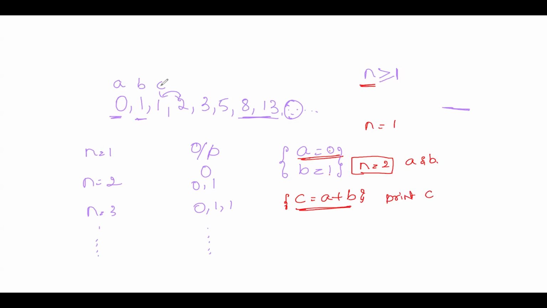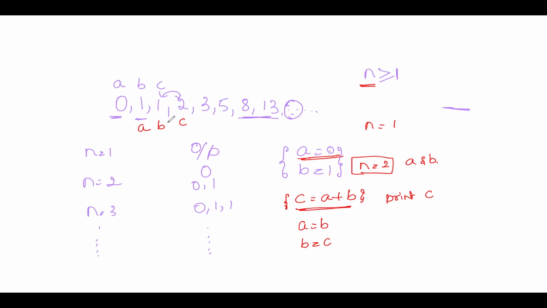Next, how am I going to move the C? Now, this entire thing I should move over here, which means now C should come here, B should come here, A should come here, so that I can iterate this. So for that, after I print the C, I will simply say that now A will have a value of B and B will have a value of C, which is very simple as you can see now.